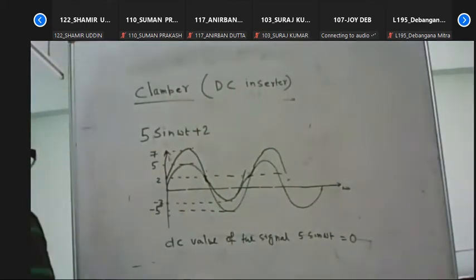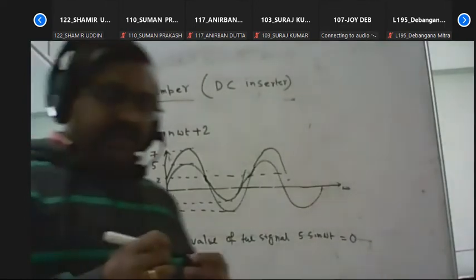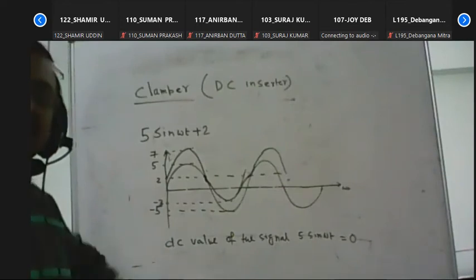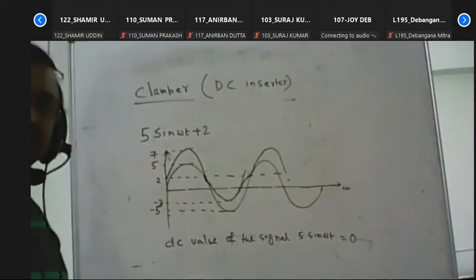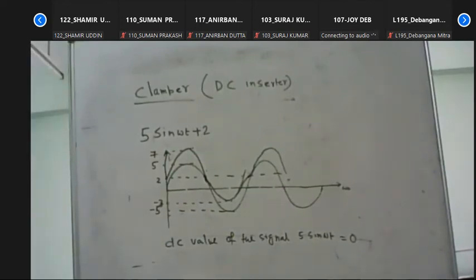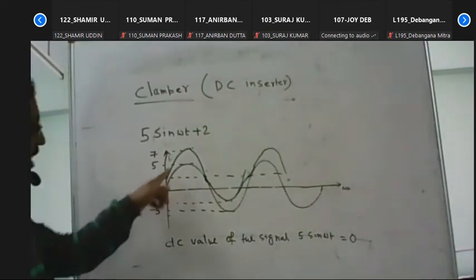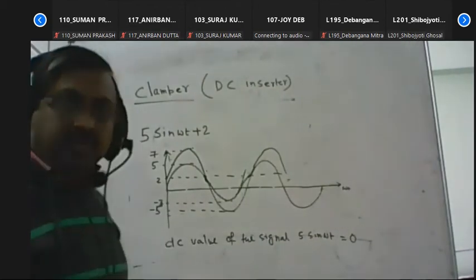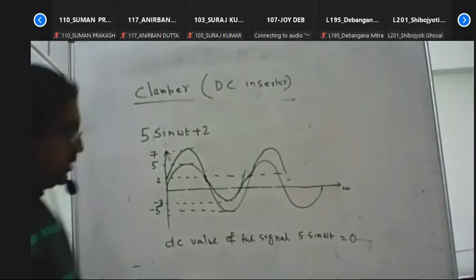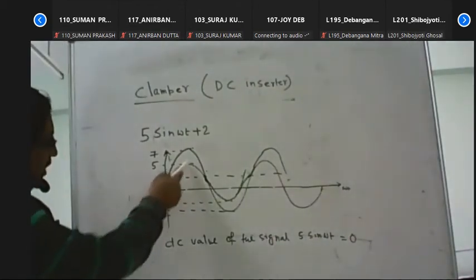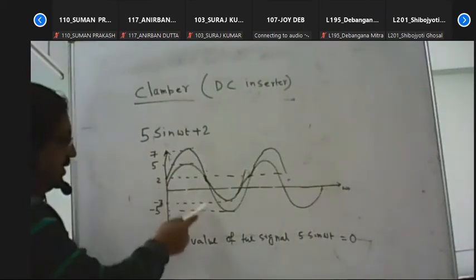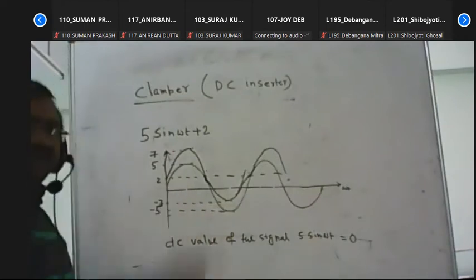Now, Sir, please repeat. If we need to calculate the area of the signal, that basically represents the DC value of the signal. In the case of 5 sin omega t, if we calculate the area covered by the signal, we see that the positive area covered by the signal equals the negative area.